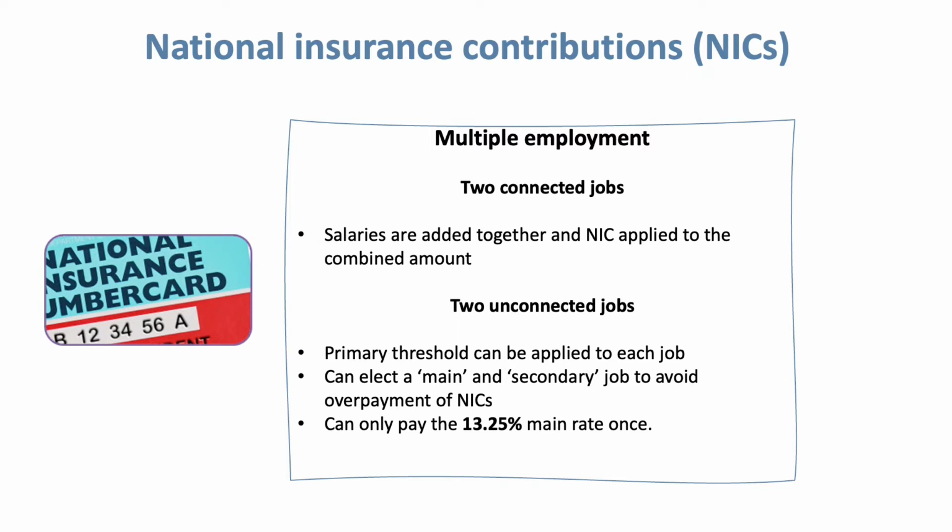So the main rate that you would pay is applied to your earnings between primary threshold and upper earnings limit, of course. The maximum amount that you can pay is essentially that figure of income based on the annual rate. So you cannot pay more than a set limit at the main rate, even if you've got unconnected jobs.